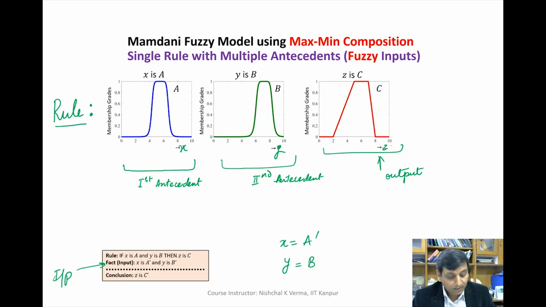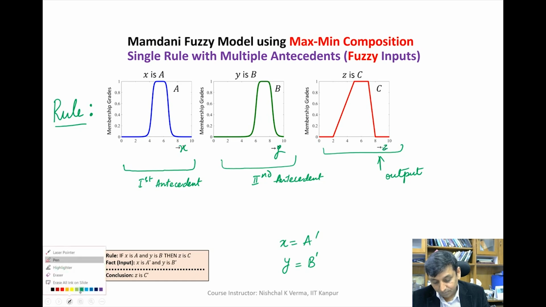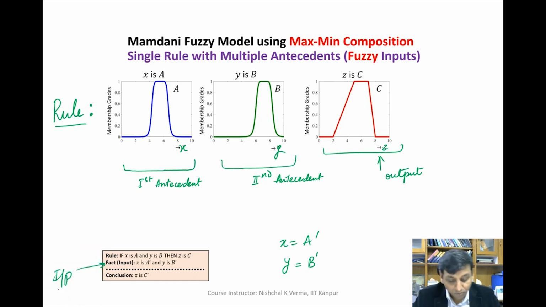Now let us do that. Since here X, Y both are fuzzy values, they are represented by fuzzy sets.